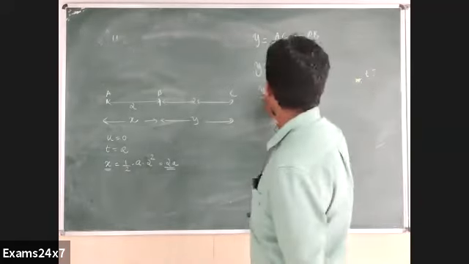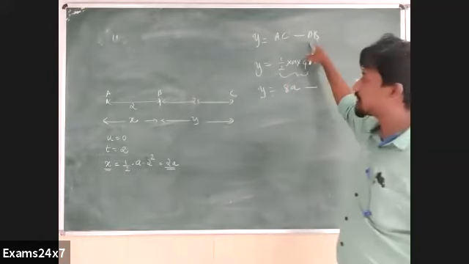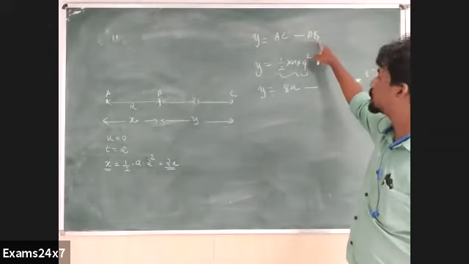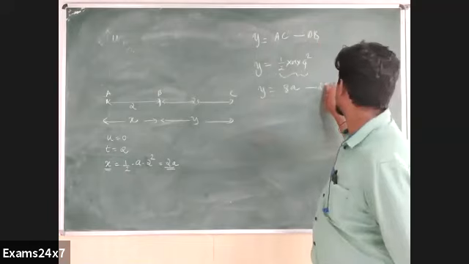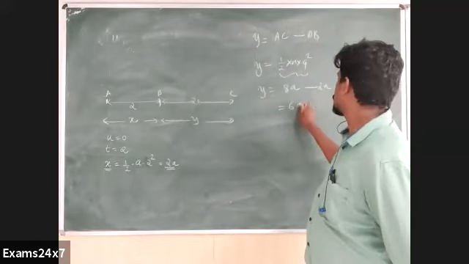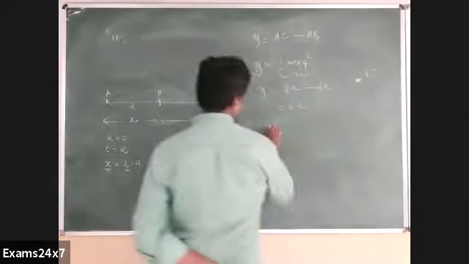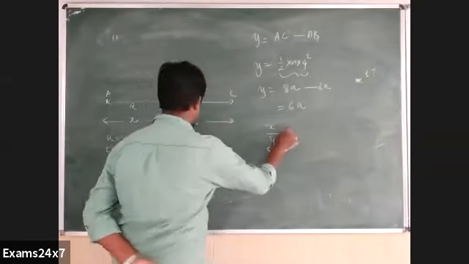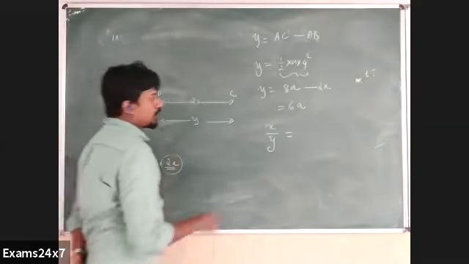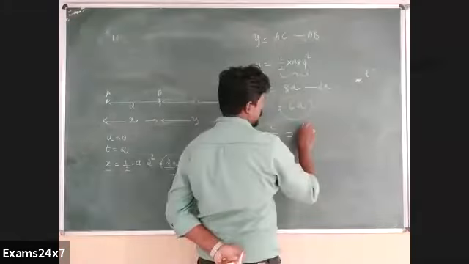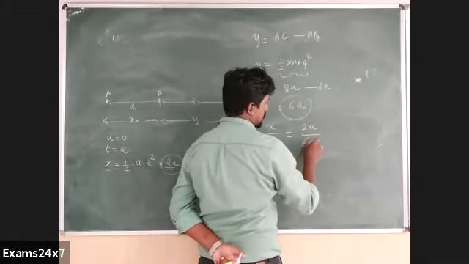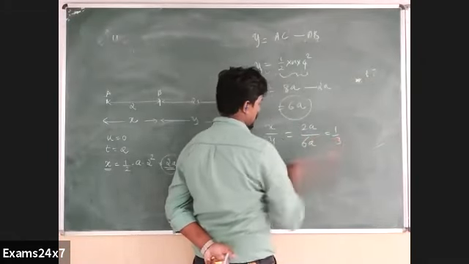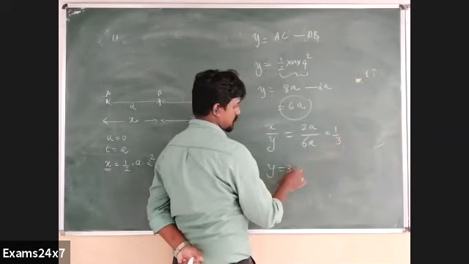So y is 8a minus, what is distance traveled from A to B? 2a. That is 6a. What is the ratio? X by y. X is 2a. Y is 6a. 2a by 6a is 1 by 3. Or y is equal to 3x.